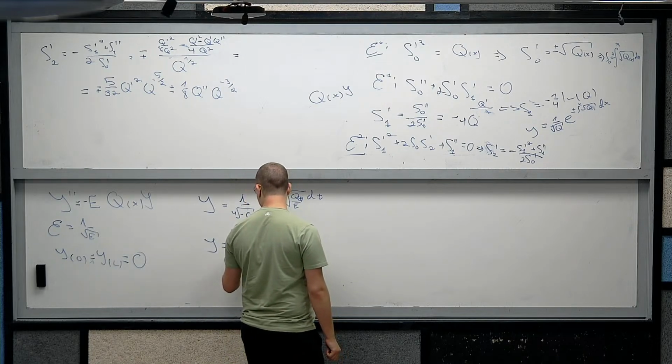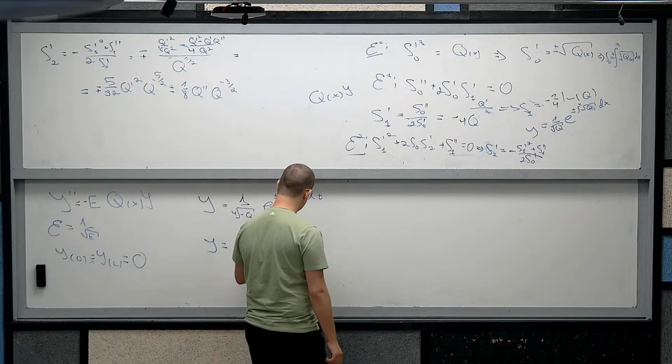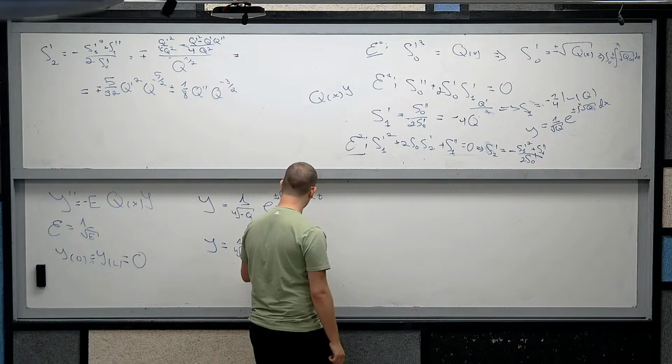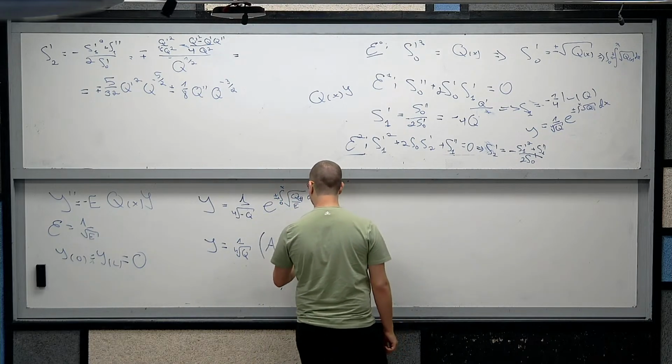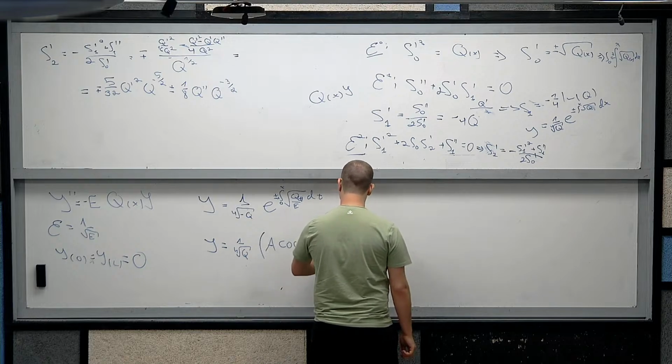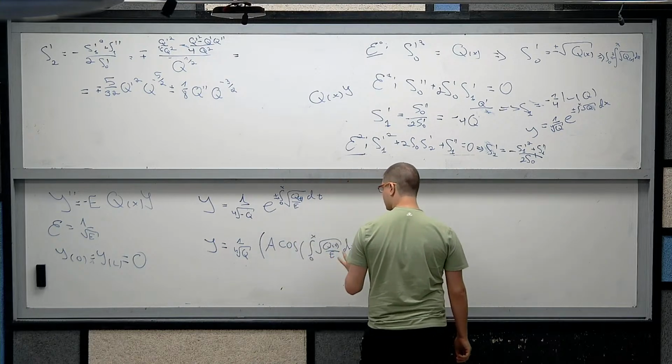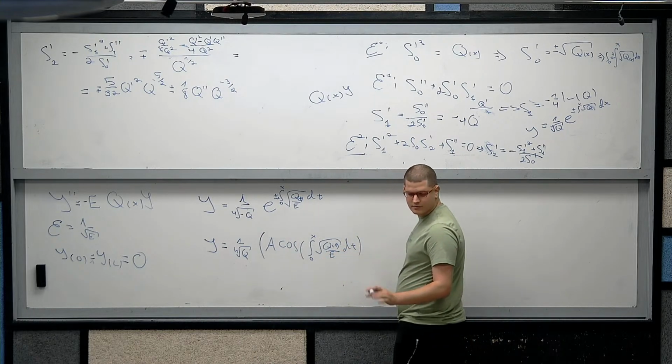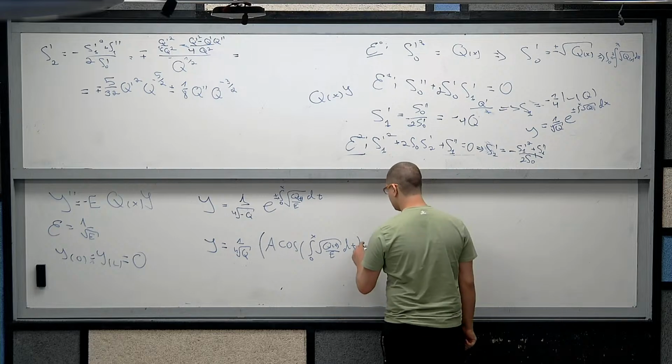And when we write it in general form, we will get a cosine of the integral from 0 to x of square root of q of t divided by epsilon dt. That thing you did in lecture, right? You were supposed to do that, at least.